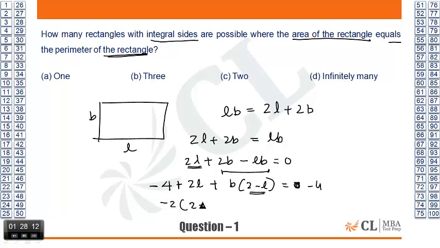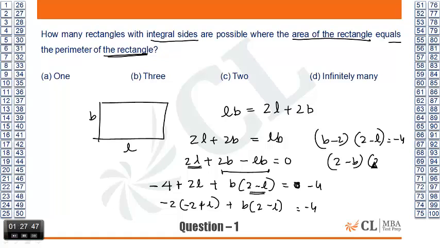That makes it 2 minus L plus B times 2 minus L equals minus 4. So (B minus 2) into (2 minus L) will be equal to minus 4, or (2 minus B) into (2 minus L) equals 4.